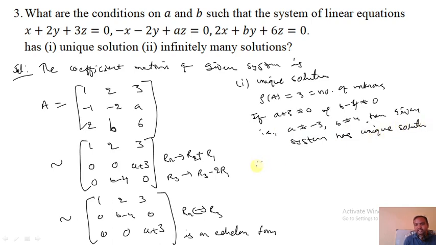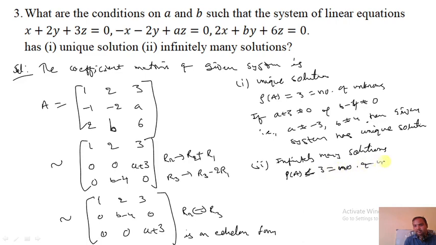Now second one, infinitely many solutions. When does the system have infinitely many solutions? That means rank of A is less than 3, the number of unknowns.